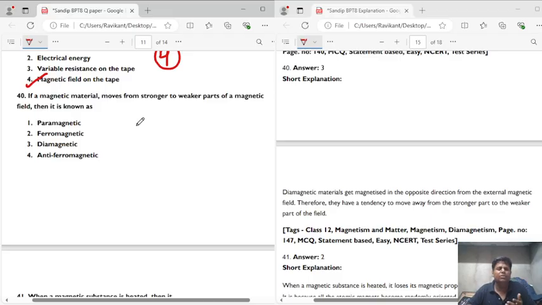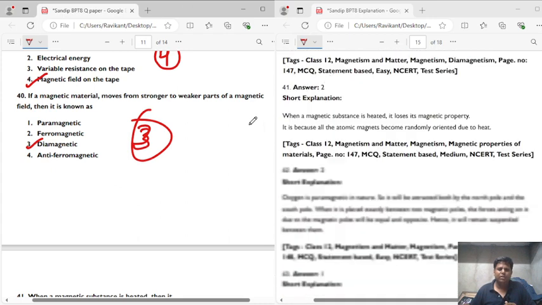So it has a tendency of moving from the stronger part to the weaker part, right? So the correct answer for question number 40 is option 3, that is a diamagnetic material.